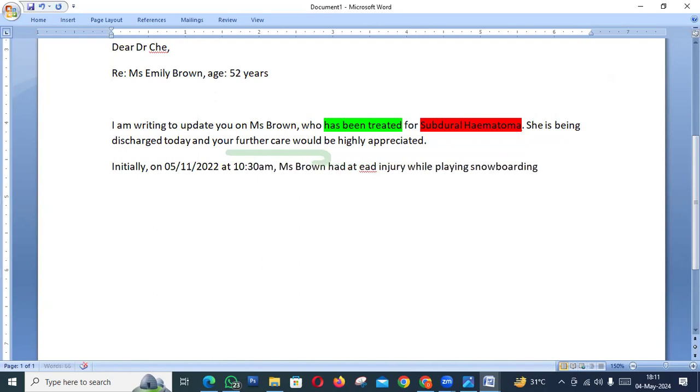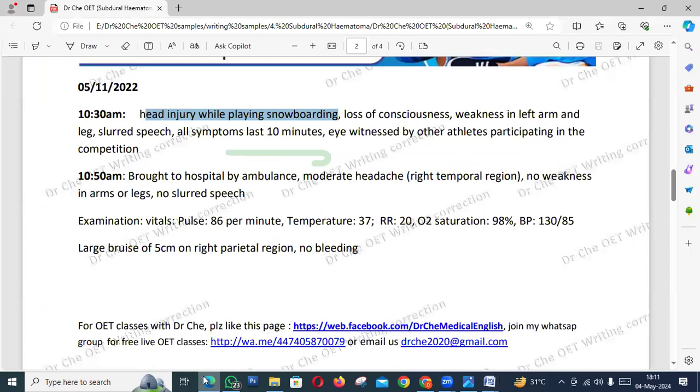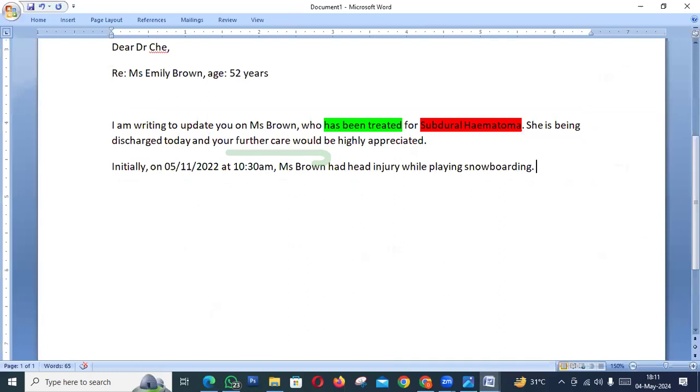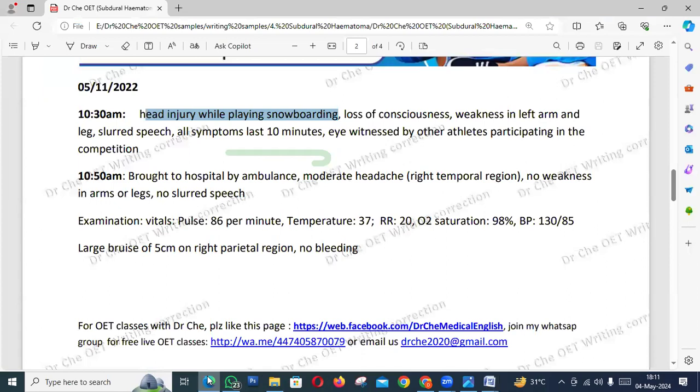So you can mention time also. Miss Brown had a head injury while playing snowboarding, okay? Full stop. Now she lost consciousness. Maybe you can add something here.